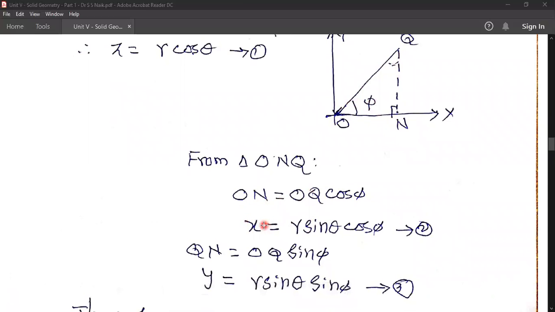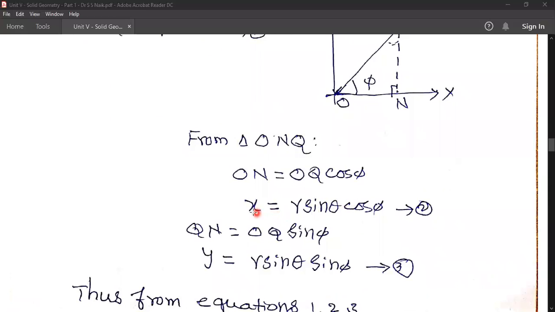Therefore, ON is equal to x, which is equal to OQ, already known to you, that is r sin theta, times cos phi. So x is equal to r sin theta cos phi. This is the relation between the Cartesian coordinates and the spherical polar coordinates: x is equal to r sin theta cos phi.